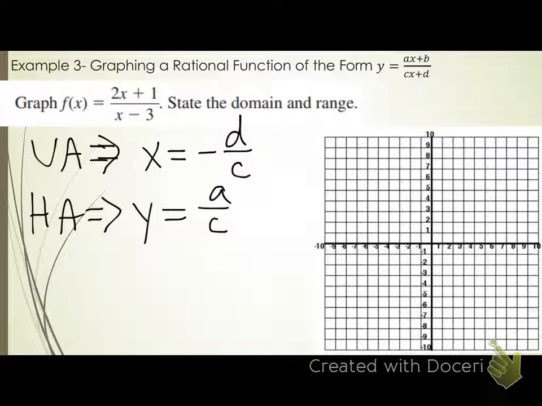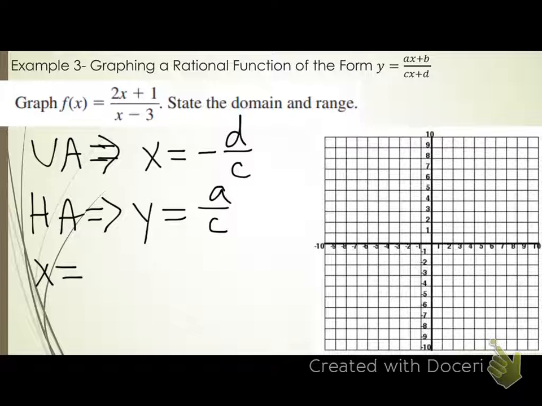And those just come from the function that we're given. Okay? So, still kind of the same steps. We're going to graph our horizontal and vertical asymptotes, type it in our graphing calculator, and draw in our branches. Everyone okay with that?